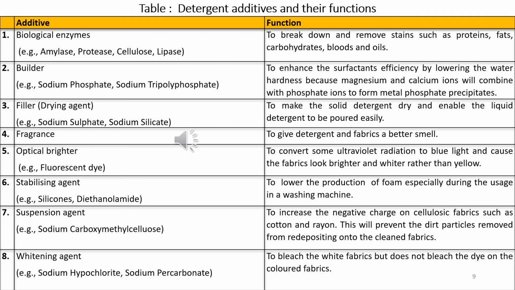Their function is to bleach white fabric, but they do not bleach the dye on colored fabric. They work on white fabrics only and do not bleach the dye present on colored fabrics. So that's how the additives work in detergents.